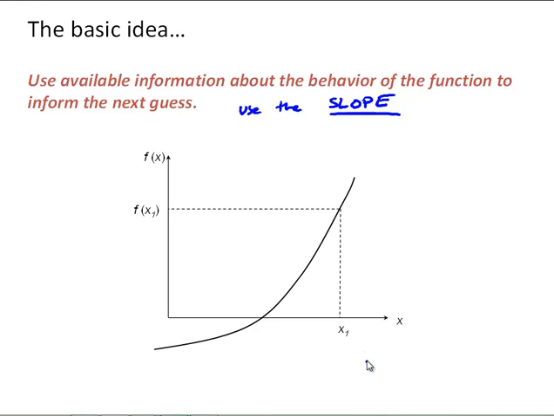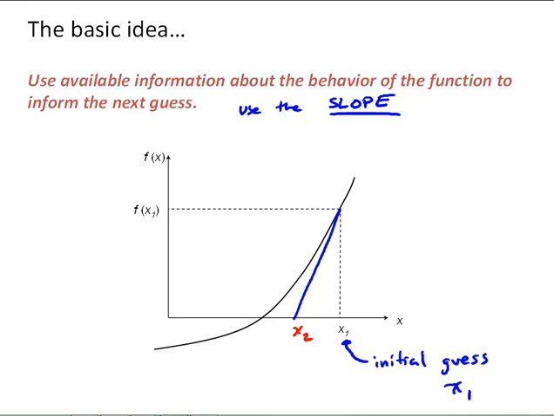So here is some initial guess, x1, and we want to find the root, which is where this function f of x crosses the x-axis. What Newton-Raphson does conceptually is take the slope of that function, so we draw a tangent line using that slope at that point, and we'll use that to determine our next guess, which we'll call x2.